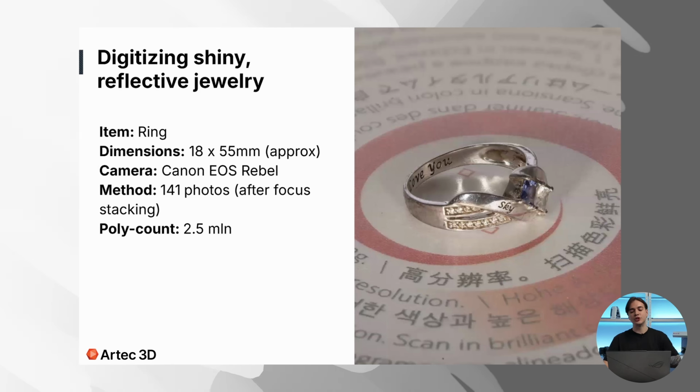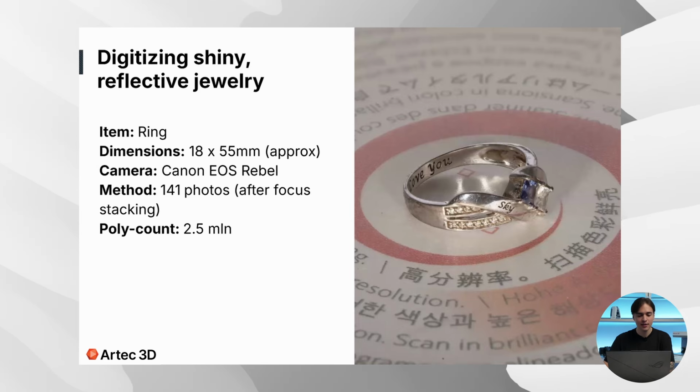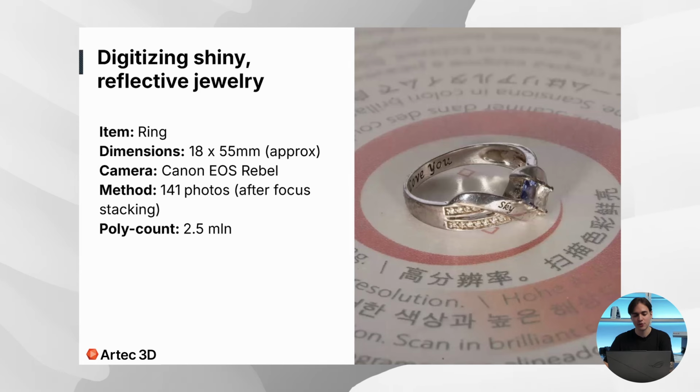Then let's take a look at a more difficult example. Here we have this shiny ring. Scanning reflective jewelry is a really tricky task, but we can do that with Artec Studio. This ring is really tiny, ring size. We have taken 141 photos with the Canon Rebel camera.